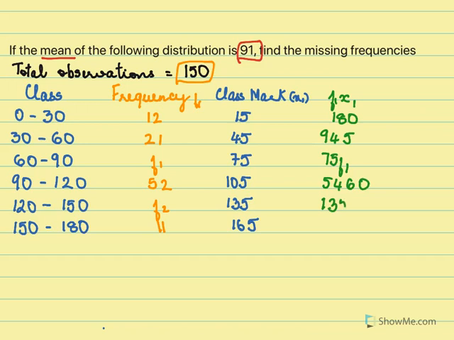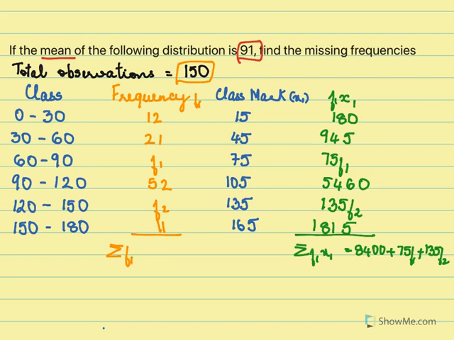Next, 135 into F2, and 165 into 11 is 1815. You add up sigma FiXi, and here you will get 8400 plus 75 F1 plus 135 F2, and then we need to add up the total frequencies Fi, and that is 96 plus F1 plus F2.